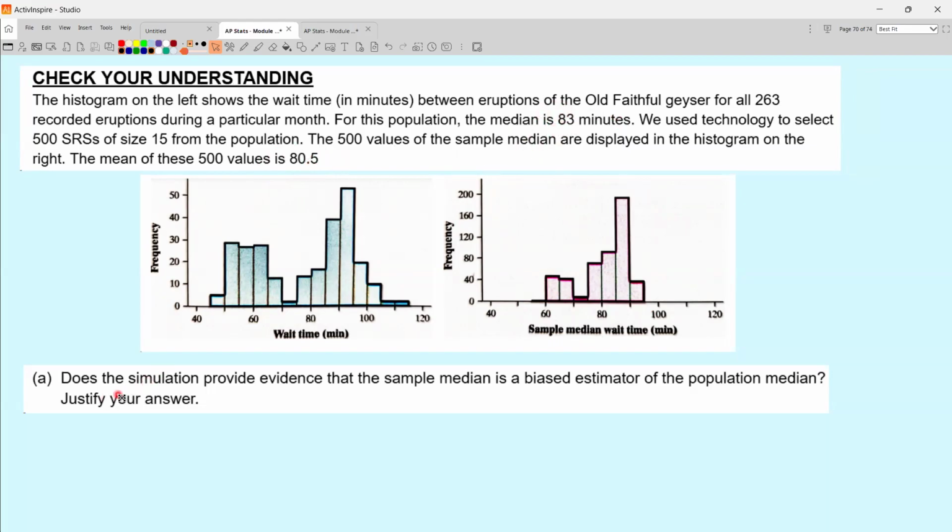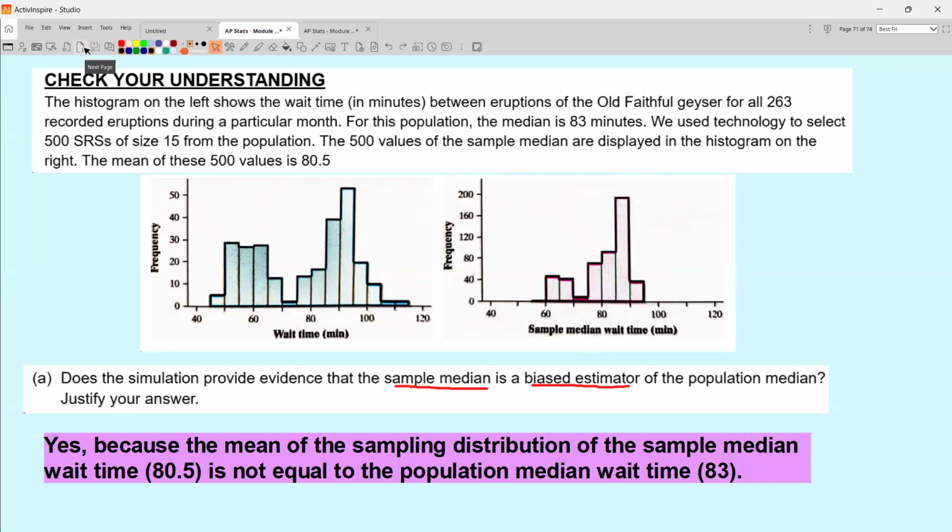So because the question says, does the simulation provide evidence that the sample median is a biased estimator, because the mean of the sampling distribution of the median is not the same as the population median, I would say yes.